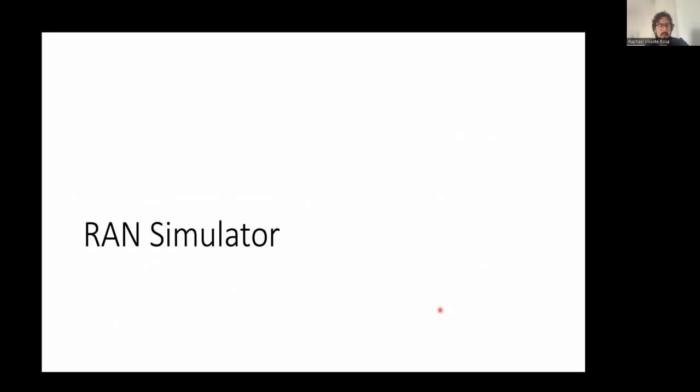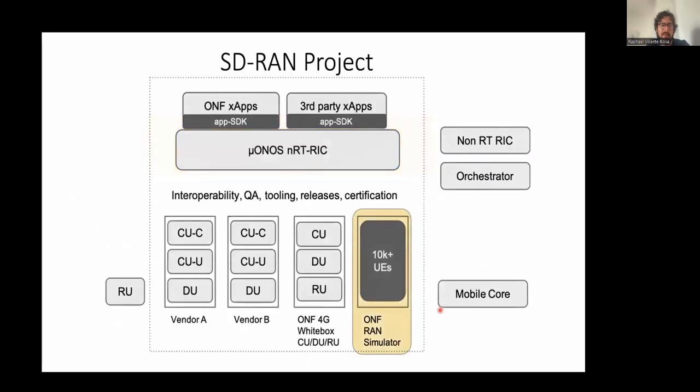And talking about the integration, I'm going to go quickly through the RAN simulator. The RAN simulator is the component that allows the definition of the functionalities between the xApps and, let's say, the E2 nodes.